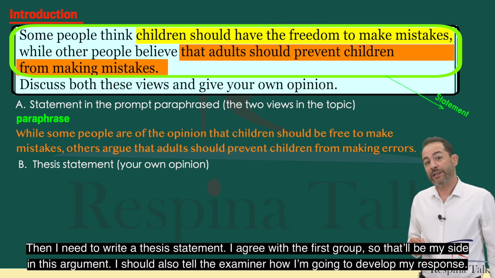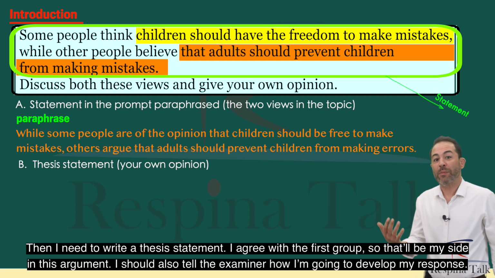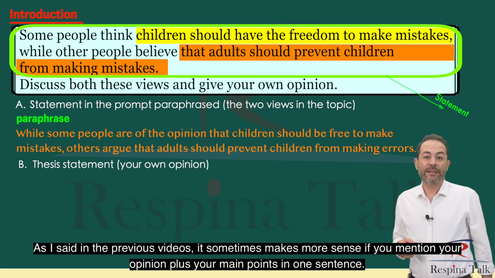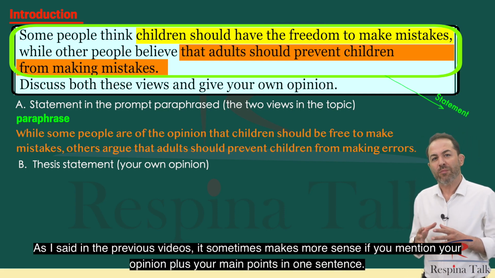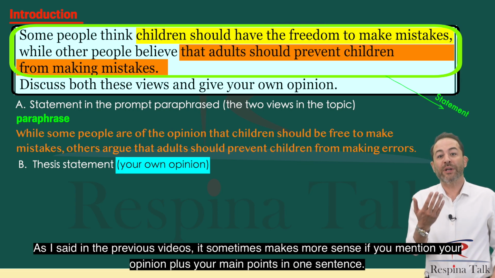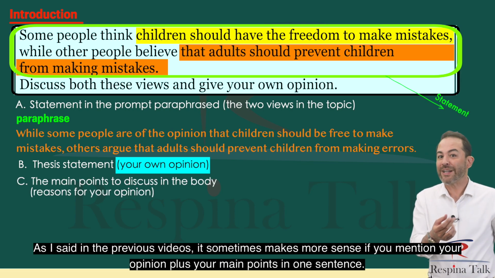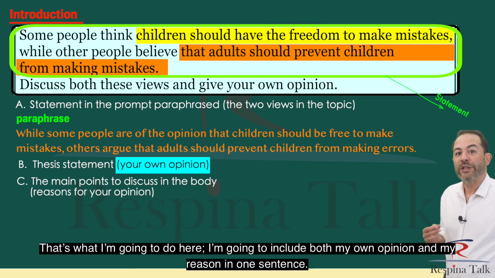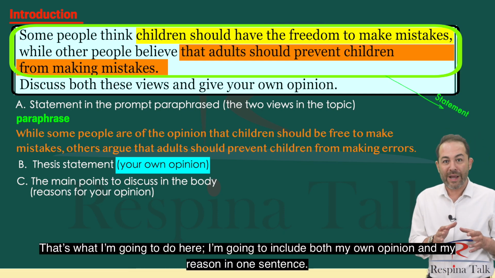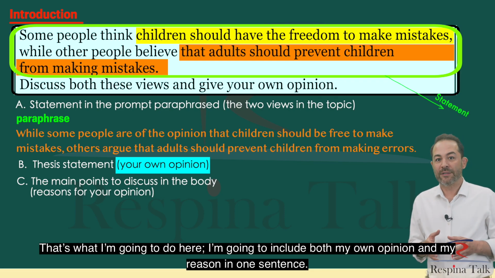I should also tell the examiner how I am going to develop my response. As I said in the previous videos, it sometimes makes more sense if you mention your opinion plus your main points in one sentence. That's what I am going to do here. I'm going to include both my own opinion and my reason in one sentence.